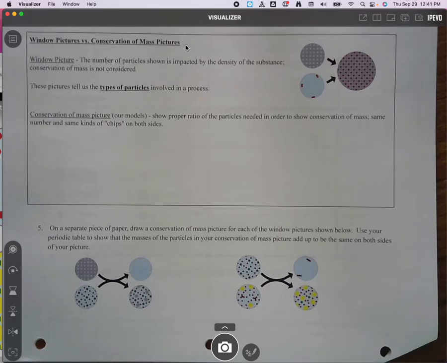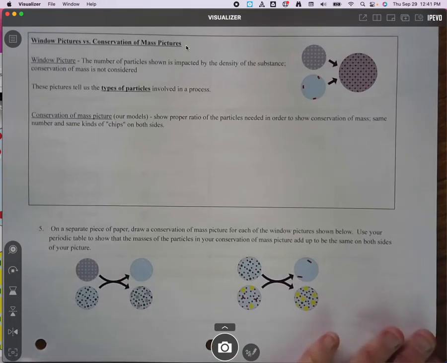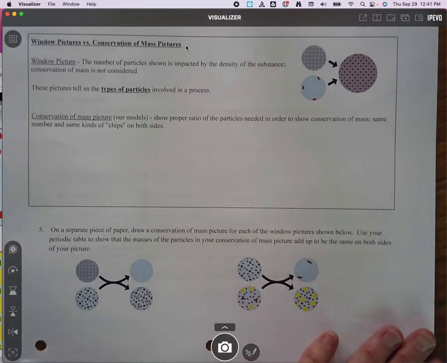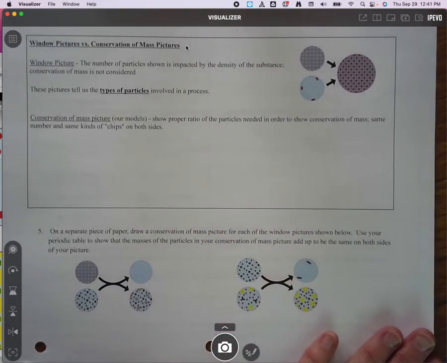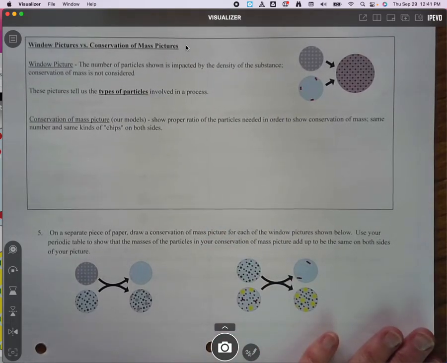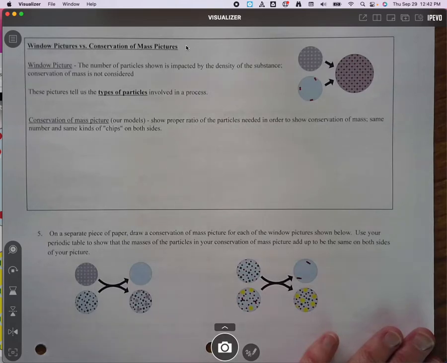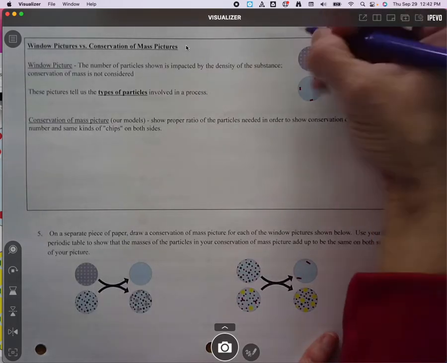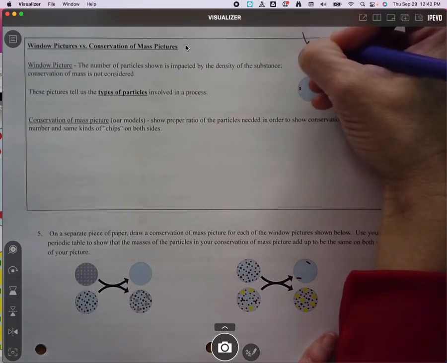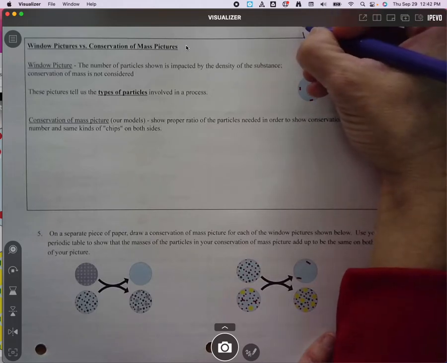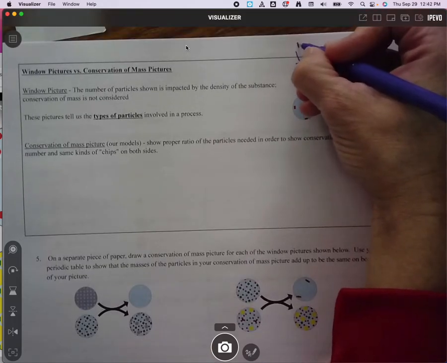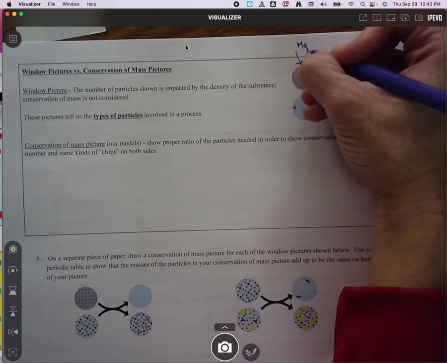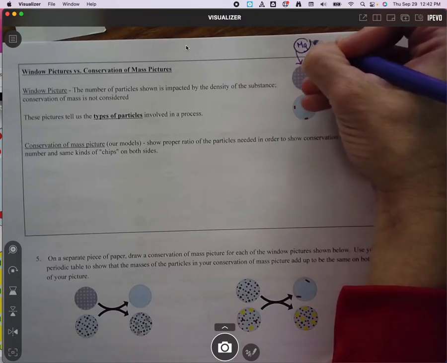The thing we're going to gain from a window picture is a feel for which particles are involved. So we're going to start with this picture that's the magnesium burning with the Bunsen burner. If we look at our window picture, it shows us that these particles are magnesium particles.